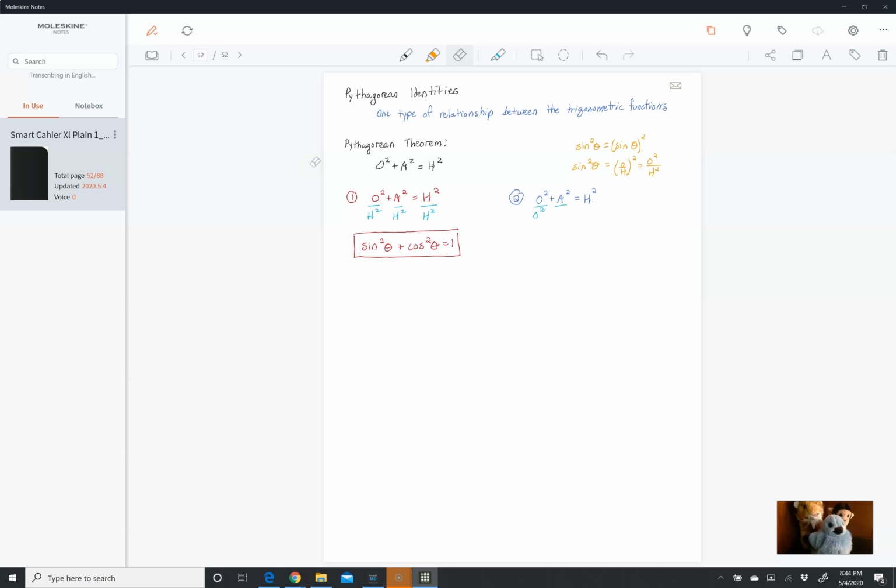We're still getting ratios, right? So it's totally okay. So what do we get here? Well, O squared over O squared is just 1. A squared over O squared is cotangent squared. And H squared over O squared, well, H over O is cosecant. This is our second one.